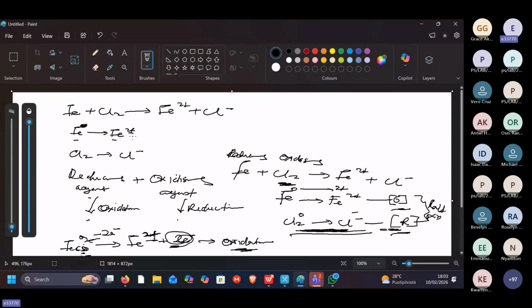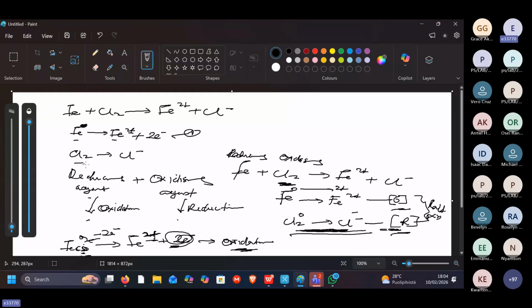If I introduce 2 electrons, and electrons are negative charges, so 2 negative, then Fe2+ plus 2 minus gives 0. So on the left side it is 0, on the right side it is also 0. Does it make sense? Yes, sir. So this equation is balanced.